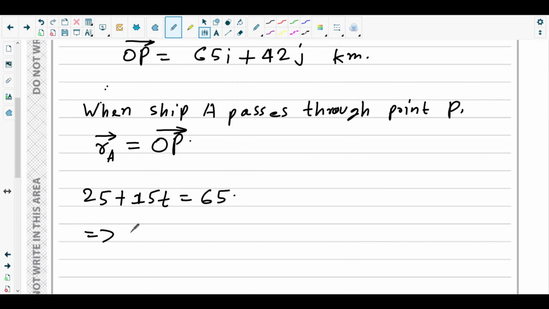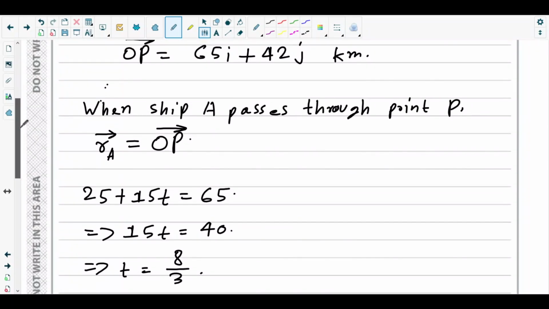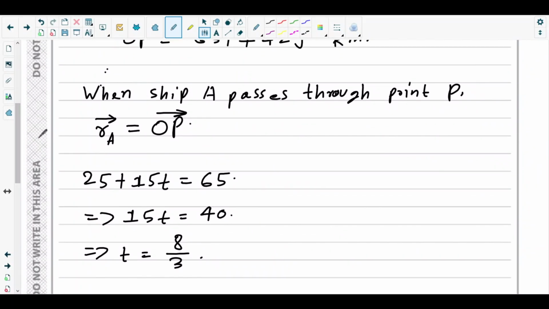So you will get 15t equals 65 minus 25. This is just 40. So the value for t would be 40 over 15, which is 8 over 3. So we got the time t, 8 over 3, when ship A will be at point P.